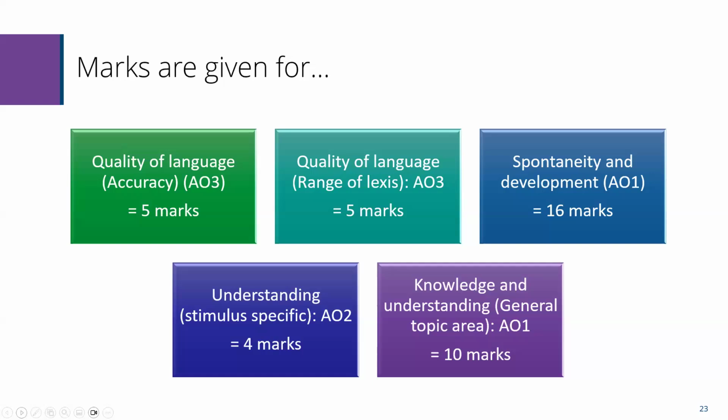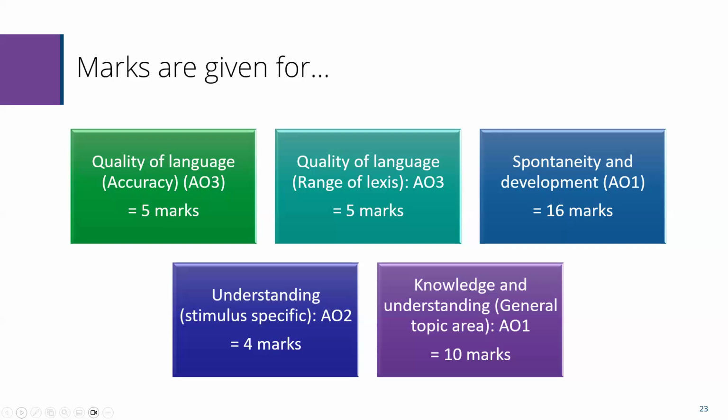And if we have a look at what the marks are given for, then the marks are given for quality of language accuracy. So that's AO3. There are 5 marks for that. Quality of language, range of lexis. This is the range of vocabulary. So there are 5 marks given for that. Spontaneity and development.